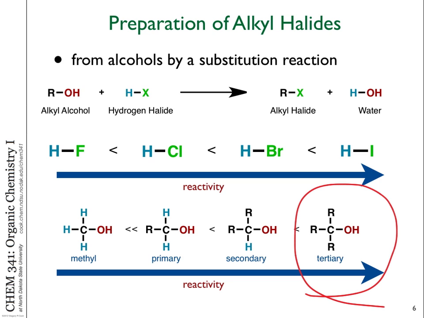And so the best or most reactive substrate alcohol to do this substitution reaction is the one in which the OH is on a tertiary carbon. There are 3 alkyl groups attached. Okay, that's the most reactive. The least reactive is the one with no alkyl groups attached, just a methyl group. Which, by the way, is less substituted than a primary, and that's less substituted than a secondary.